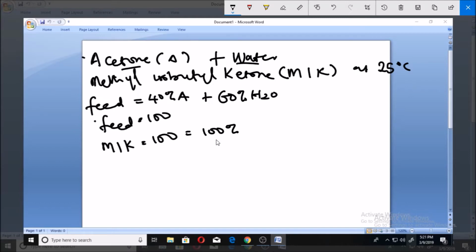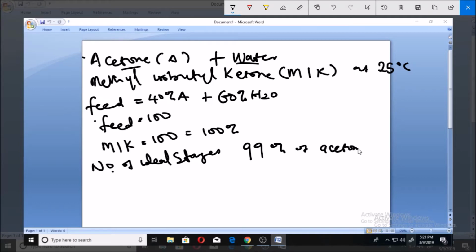The question here is the number of ideal stages. How many ideal stages are required to extract 99% of acetone fed? That is the question.